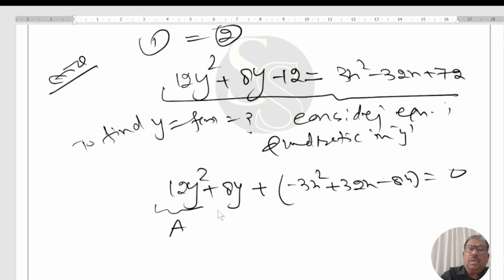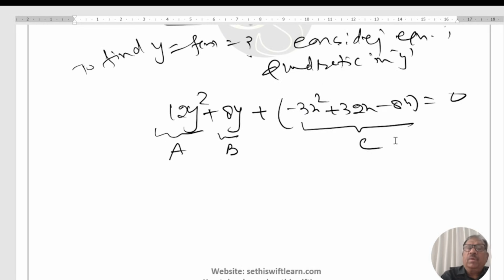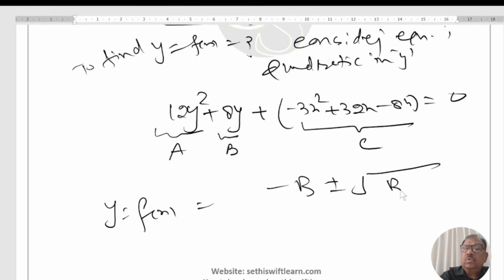This comes out to be a, b, and this comes out to be c. Applying the formula, y, that is f(x), equal to minus b plus minus under root b square minus 4ac upon 2a.